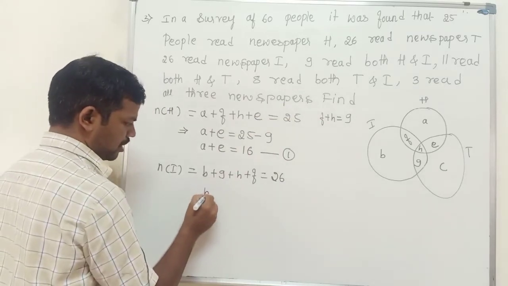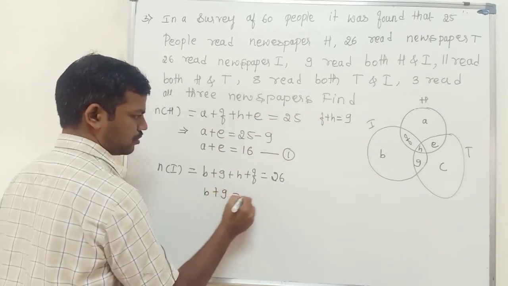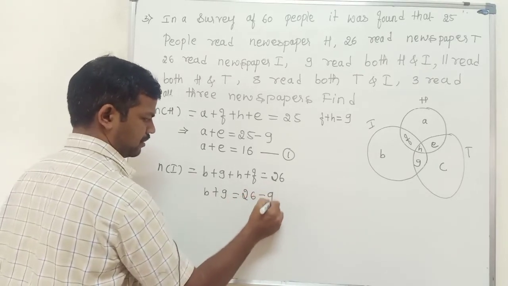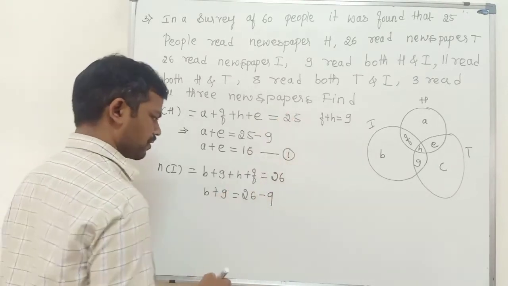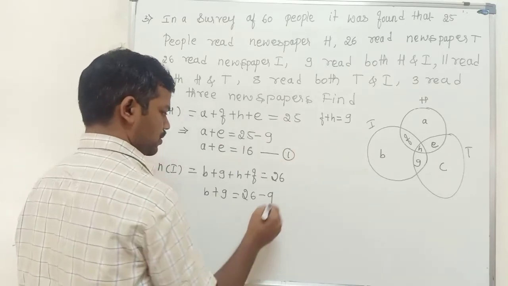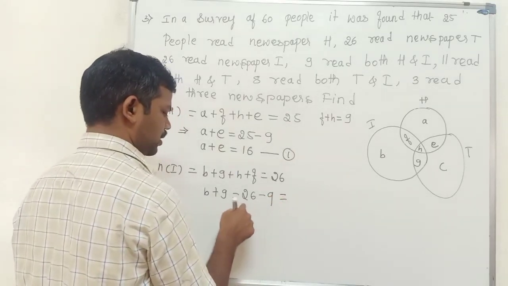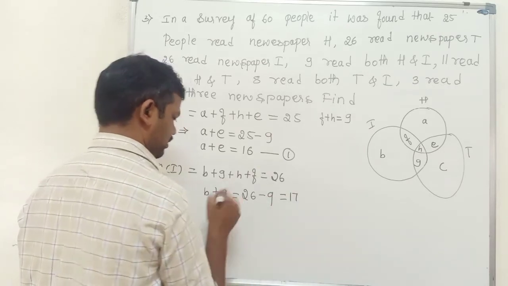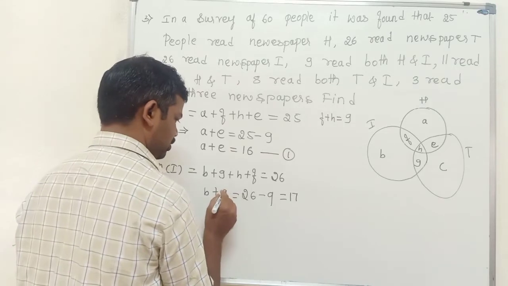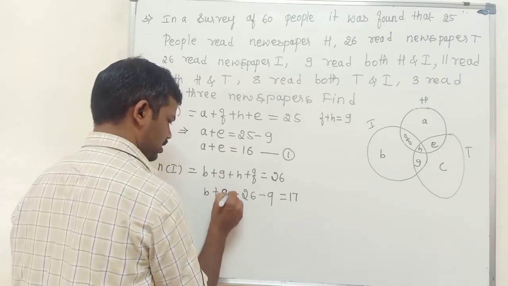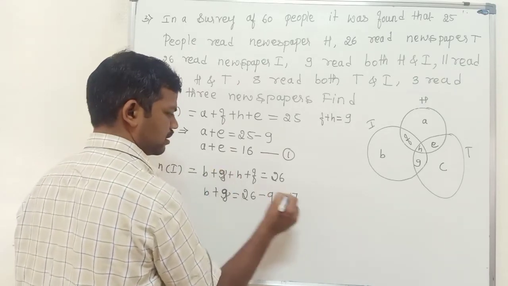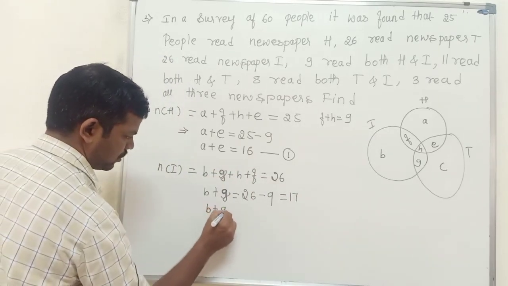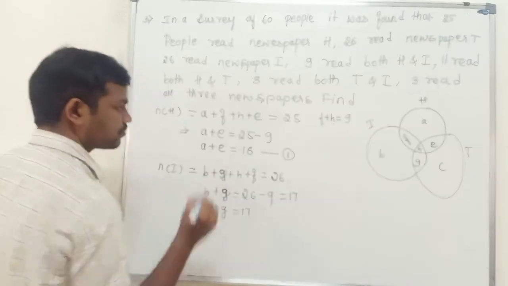Put here b plus g is equal to 26 minus 9, since f plus h is 9. 26 minus 9 is 17. So b plus g is equal to 17.